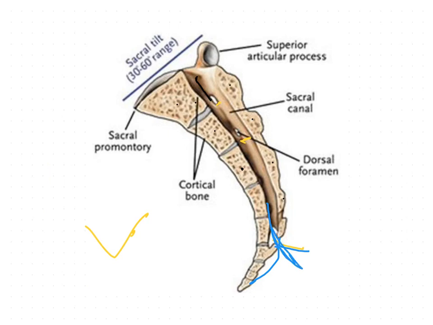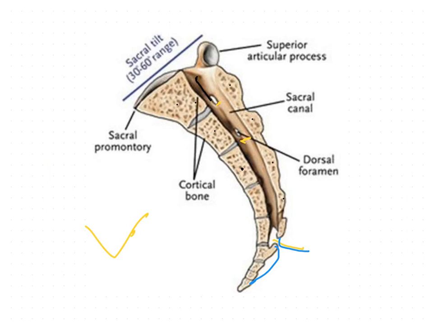So all these structures are coming out of this hiatus. Three structures come out of the hiatus, but 4 structures are present in the sacral canal, and only 3 come out of this hiatus: the fifth pair of sacral nerves, the coccygeal nerves, and the filum terminale.